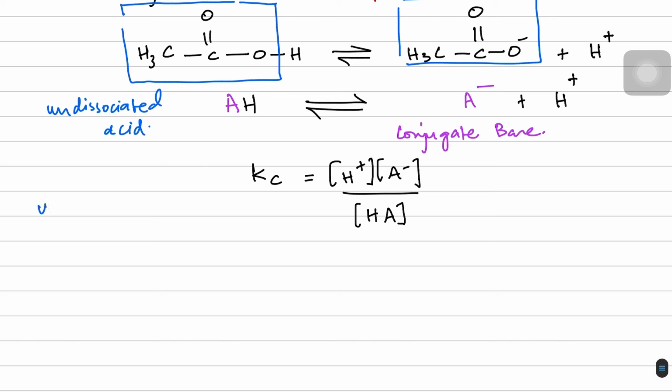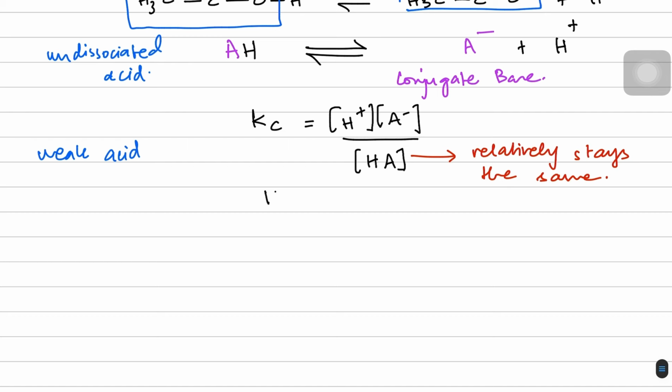For a weak acid, it is very partial that it dissociates, right? The ionization is very, very small. This means the concentration of the undissociated acid relatively stays the same, because the percentage dissociation is hardly like 3%, 4% on average.